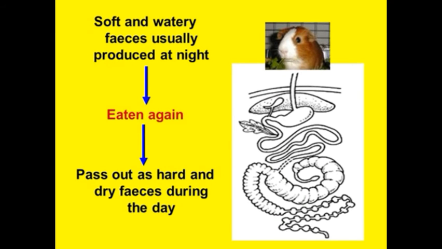The feces usually produced at night is soft and watery, and we call it the first fecal pellets. It will then be eaten again by the rodents and enter the alimentary tract again, and finally after it is digested completely, the second fecal pellets will be excreted as hard and dry feces, usually during the day.